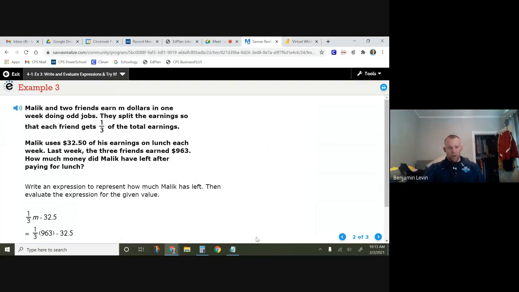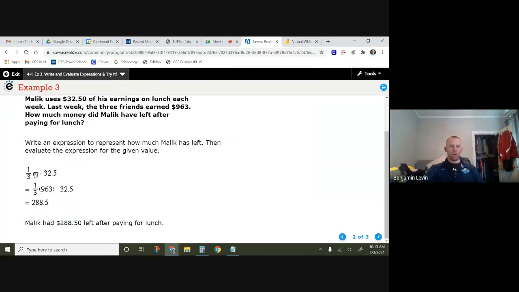They set up an equation. 1/3 of M. M is the total money they made as a team, right? So he gets 1/3 of it, 1/3 times the total team take, minus 32.50 because that's what he spends on lunch.